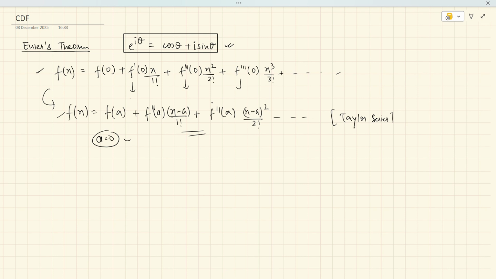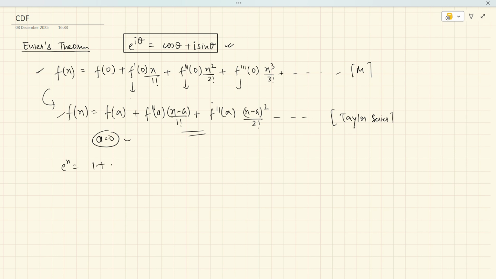So by using the Maclaurin series, we find the expansion of e to the power x, because on the left hand side we are getting e to the power i theta.